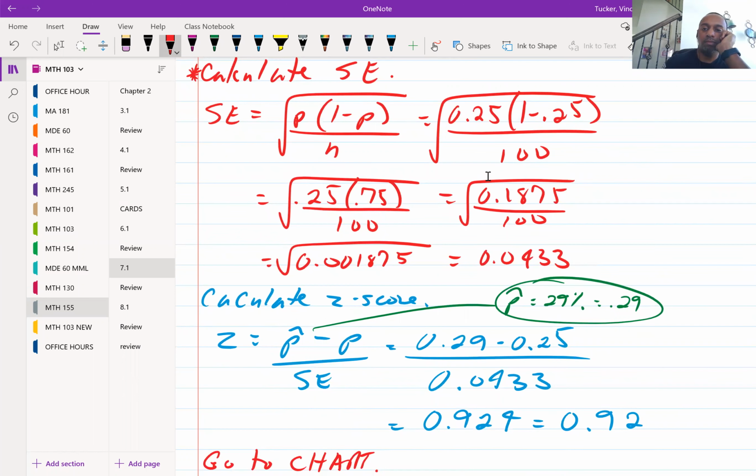Remember we talked about your population proportion being your mean, and standard error being your standard deviation. Notice they fit right into the formula as our mean and standard deviation. And p hat is going to be our x value, the data value that we're comparing to. So that's p hat minus p divided by SE: 0.29 minus 0.25 divided by 0.0433 gives us 0.92. Don't forget, we want to round all of our z-scores to 2 decimal places.